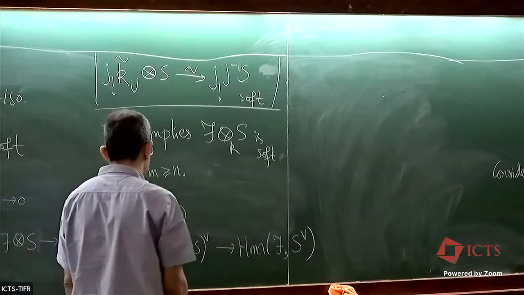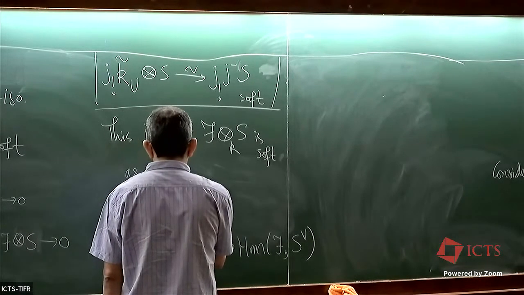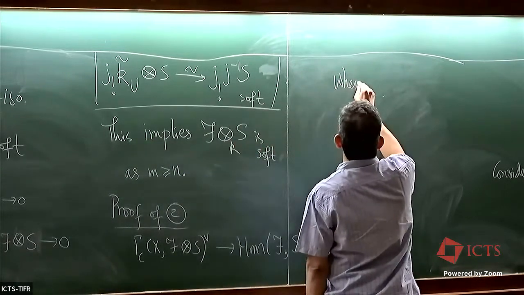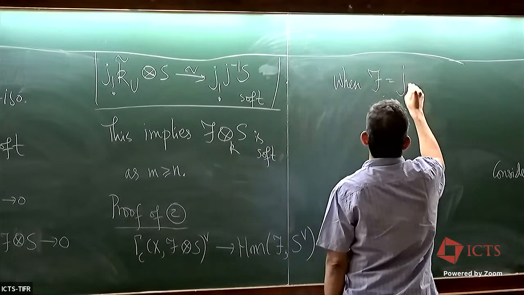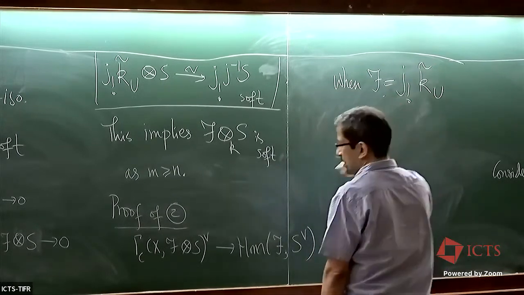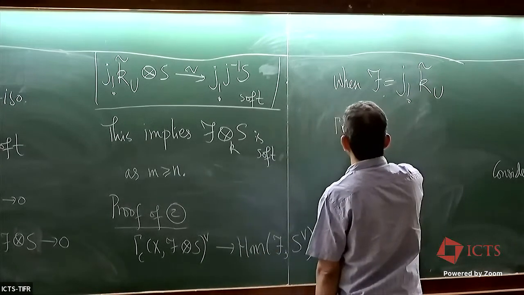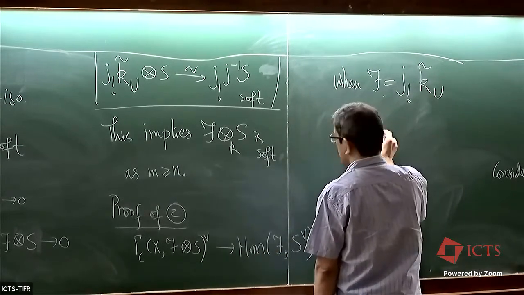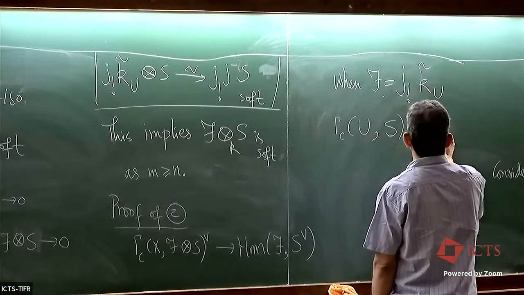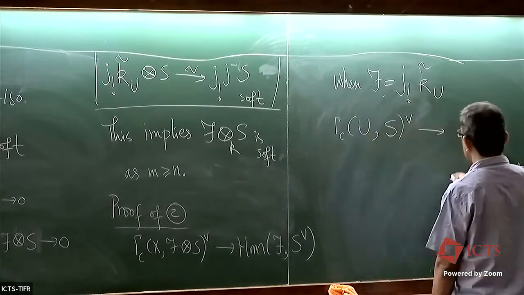Because then this is just, what this gives me is Gamma_U of S. And this side will be Hom.